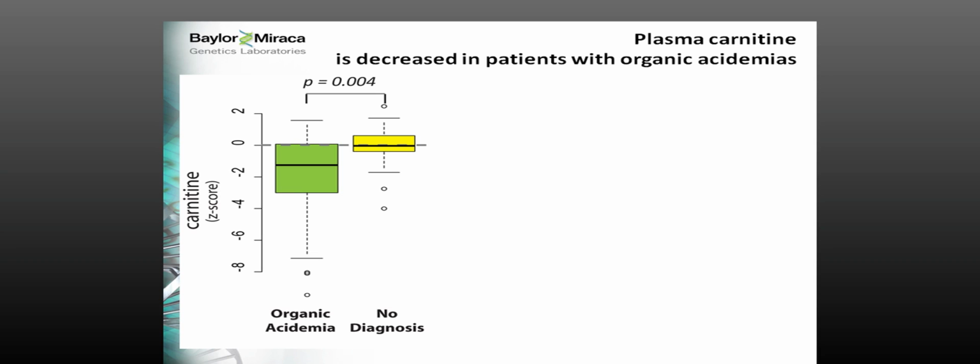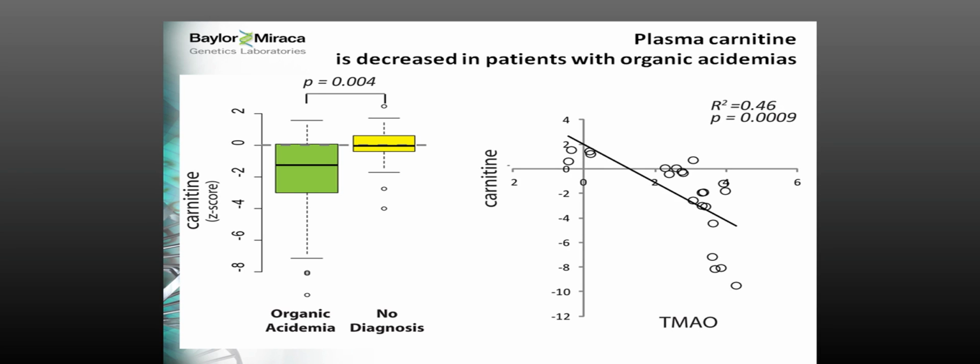When we looked at plasma carnitine levels, interestingly, the individuals with no diagnosis actually had higher carnitine levels than the individuals with organic acidemias, all of whom were supplemented. When we looked at the carnitine level in comparison to the trimethylamine N-Oxide level, you can see this inverse correlation in that the higher the TMAO level, the lower the carnitine would be. And all of these levels, as you can see, are reaching statistical significance.